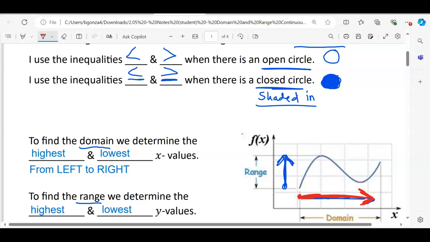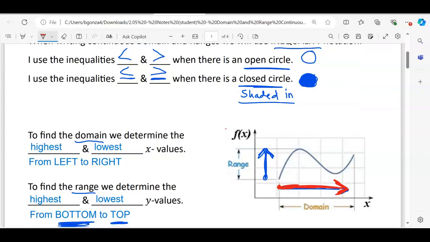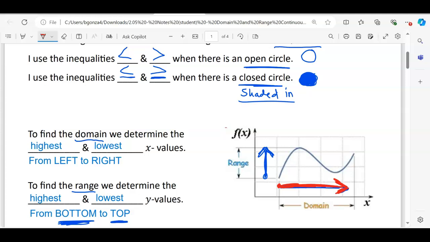Range is vertical, highest to lowest y values. This is one of the most important things you're going to see. From bottom to top. Okay. From bottom to top.